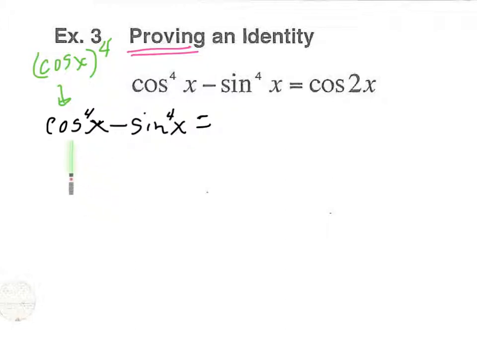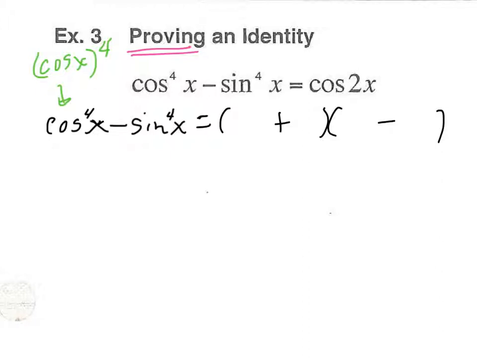So since I have nothing to substitute these in for, I'm going to go back and rely on factoring. We use factoring for a lot of stuff. So can't I factor this as the difference of two perfect squares? So then we have a plus and a minus. What is the square root of cosine to the 4th x?